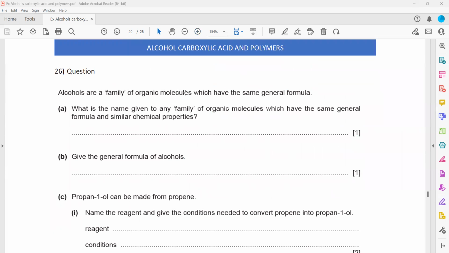In question 26, alcohols are a family of organic molecules which have the same general formula. What is the name given to any family of organic molecules which have the same general formula or similar chemical properties? Homologous series. What is the general formula for alcohol?